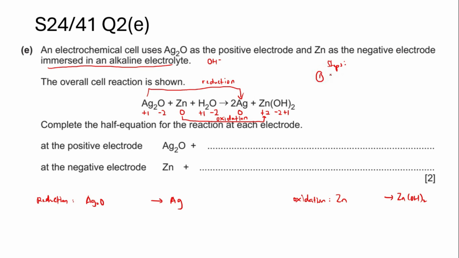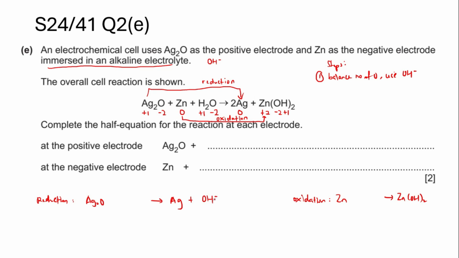Number 1, to balance the number of oxygen, we use hydroxide ions. So we are going to add hydroxide ion on the side which lacks oxygen. Now the reason why I use hydroxide ion is because it is immersed in an alkaline electrolyte. So I only need 1 oxygen on the right hand side, therefore I put 1 OH minus.